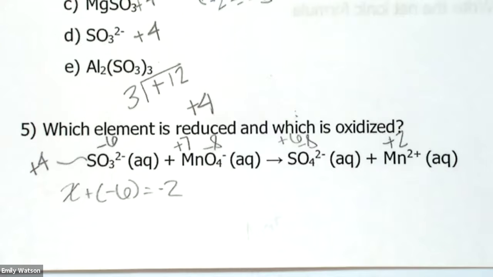So, which element is reduced? If an element is reduced, does it gain or lose electrons? It gains electrons. So we're going to look for something with a smaller charge on the right side, right?